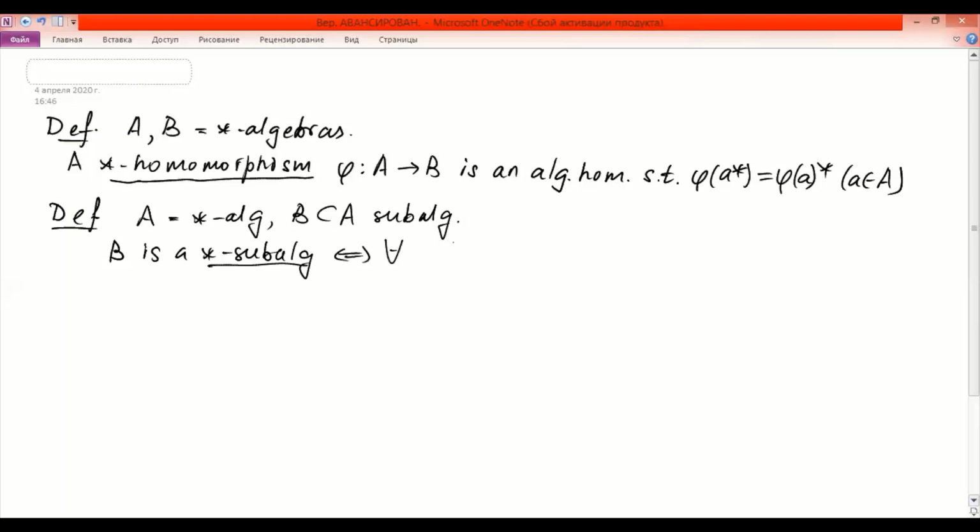That is, for each element little b in B, the element b star is also in the same subalgebra B. It's clear from the definition that a star subalgebra is a star algebra itself. And if A is a Banach star algebra and B is a closed star subalgebra of A, then B is also a Banach star algebra. In particular, a closed star subalgebra of a C star algebra is a C star algebra itself.